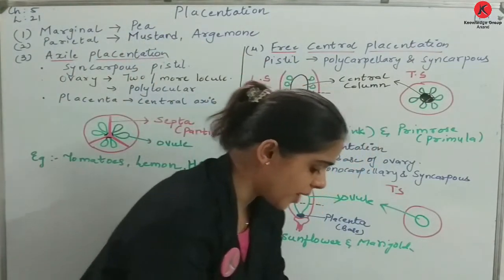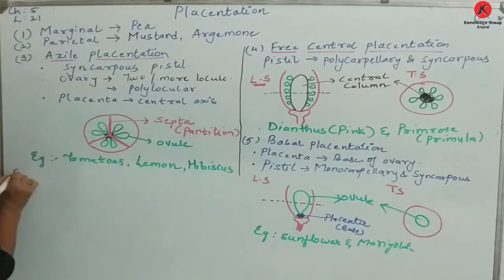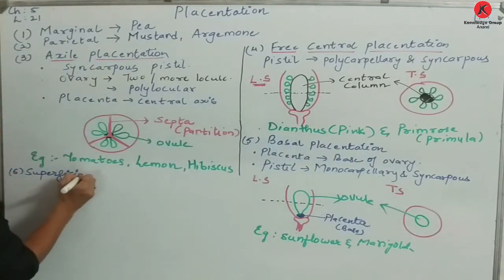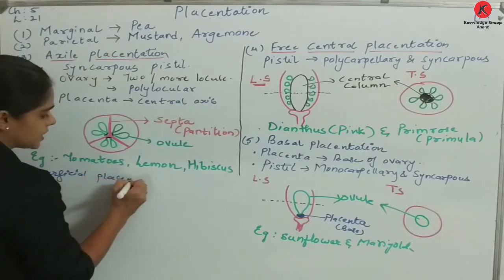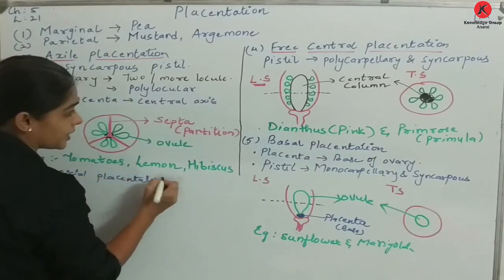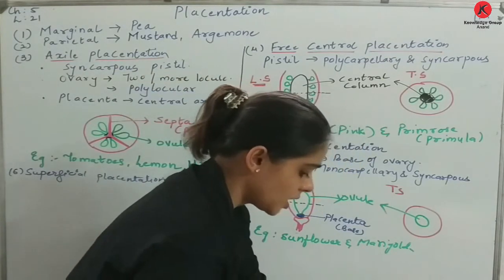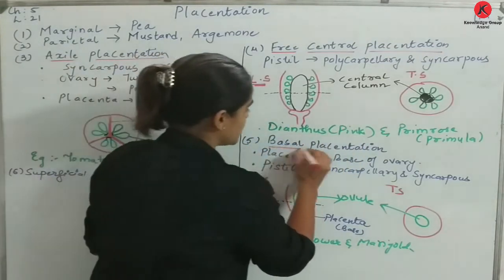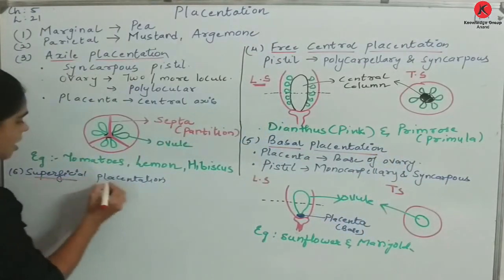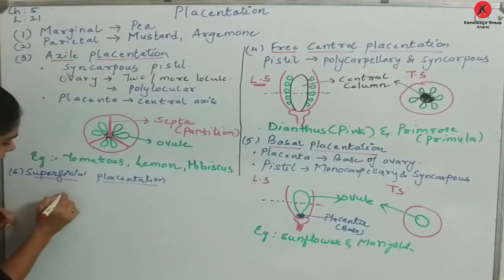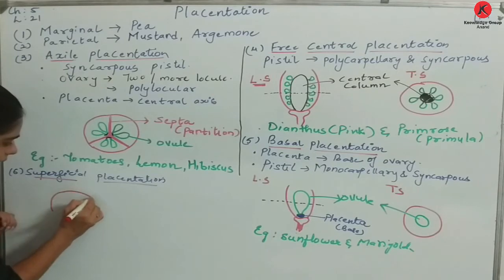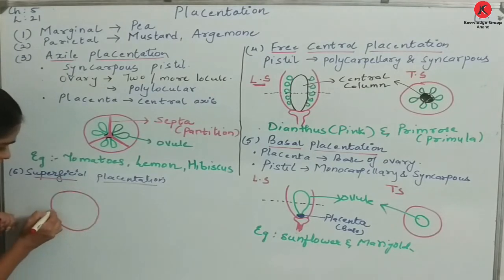Okay, one more. This way I am writing, that is called your superficial placentation. What have I written? Superficial placentation. Now, what happens in superficial placentation? Let's understand by taking an example.